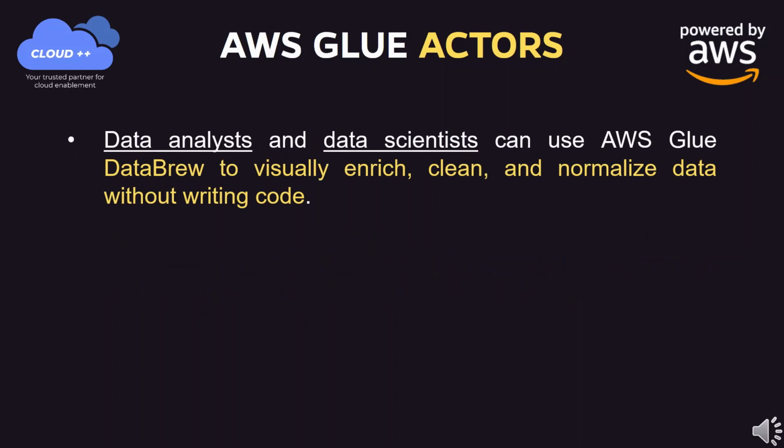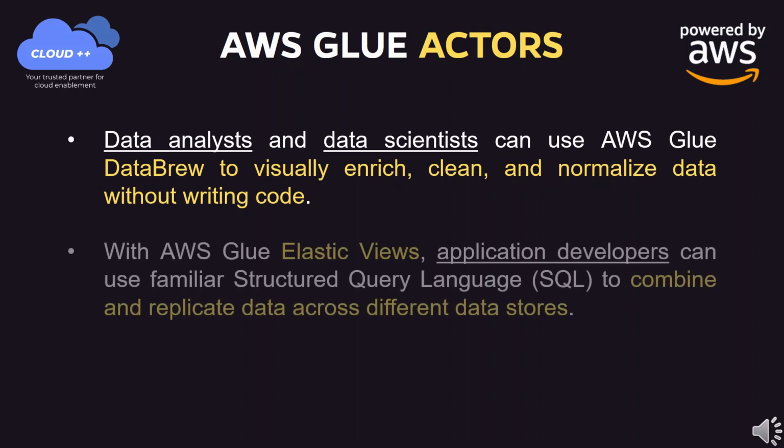Data analysts and data scientists can use AWS Glue DataBrew to visually enrich, clean, and normalize data without writing code. With AWS Glue Elastic Views, application developers can use familiar structured query language or SQL to combine and replicate data across different data stores.